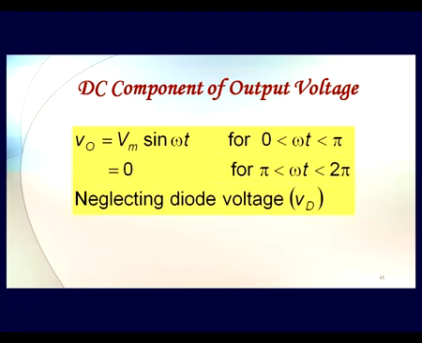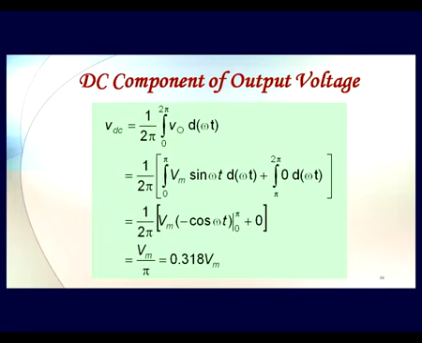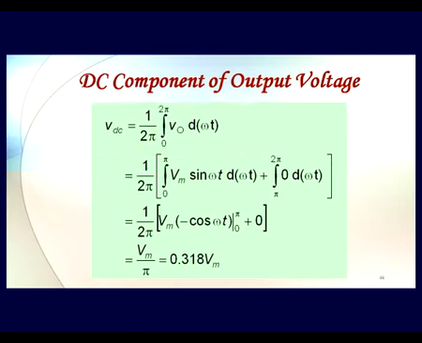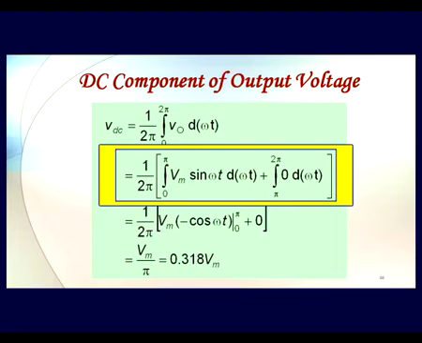Now if we integrate this, we get the DC component of this output voltage. So we integrate it as 1 upon 2 pi integral 0 to 2 pi VO d omega t, which is the integral 0 to pi of Vm sin omega t d omega t, plus from pi to 2 pi it is 0.